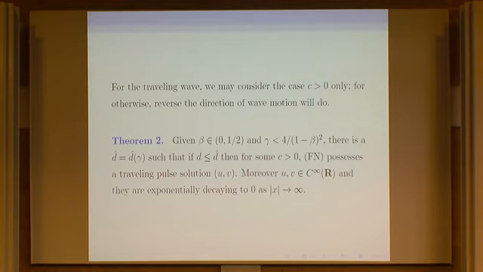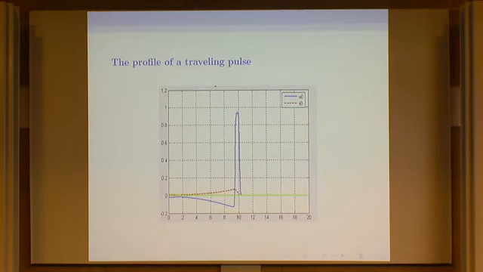Again, we can find some speed C so that the FitzHugh-Nagumo system admits a traveling pulse solution, and both functions U and V decay exponentially.